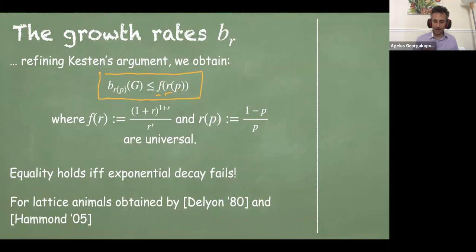The connection is established through this function. There is a one-to-one correspondence between the parameter space of R and the parameter space of p. And this inequality holds for all values, and it holds with equality whenever exponential decay fails. So I've been talking about interfaces in all this discussion, but all I've said so far applies to polyominoes, the whole cluster, and it has been observed earlier.